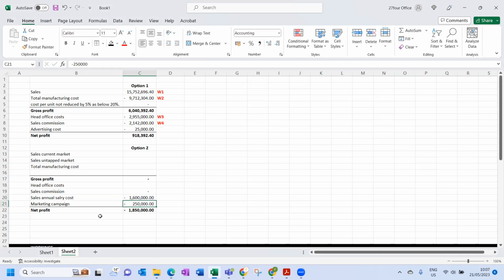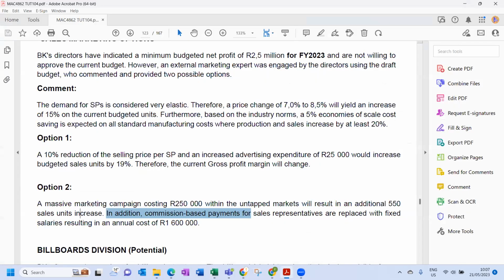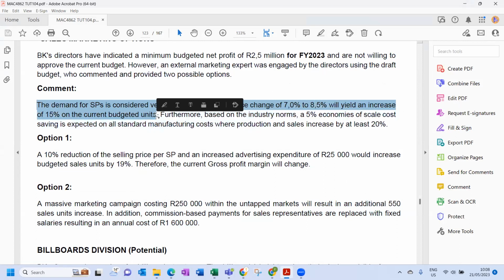Okay, so there we go. Now we just need to do head office costs and deal with this over here. We covered the 250. We never brought in the numbers, but we brought in the line items. The only thing we need to keep track of is this thing over here.